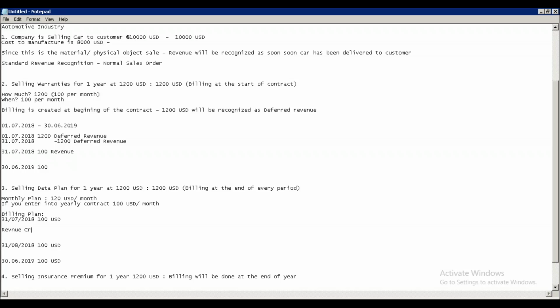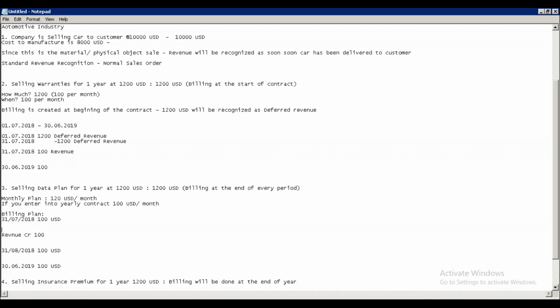Revenue is normally credit by 100 USD. And since you are billing this, billing means you are telling that yes, I want this amount from the customer. So your customer account was also getting debited. So the cycle was closed here itself. Customer debit to revenue credit. You are booking the revenue, you are recognizing the revenue, and at the same time, you are asking the customer to pay this amount, right?